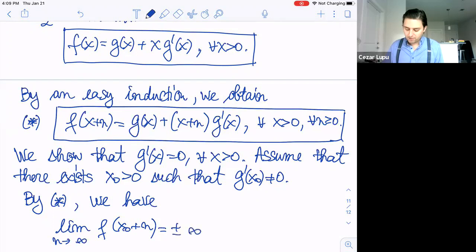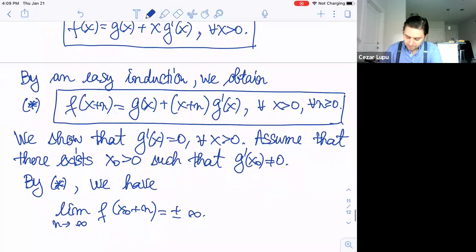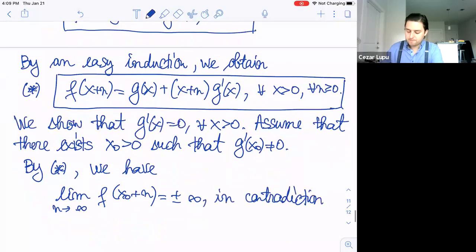Well, plus or minus infinity, depending on whether the derivative g prime of x naught is positive or negative. If it's positive, it will be positive infinity. If it's negative, it will be negative infinity. It doesn't really matter. It's plus or minus infinity. But this is in contradiction with the fact that f is bounded.